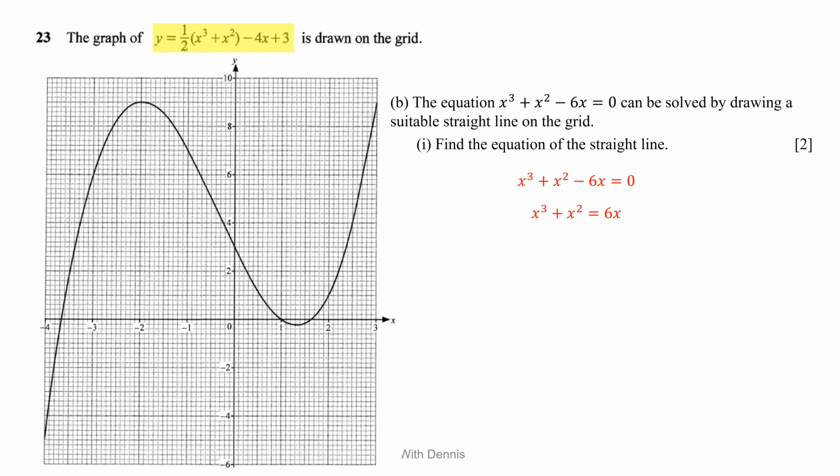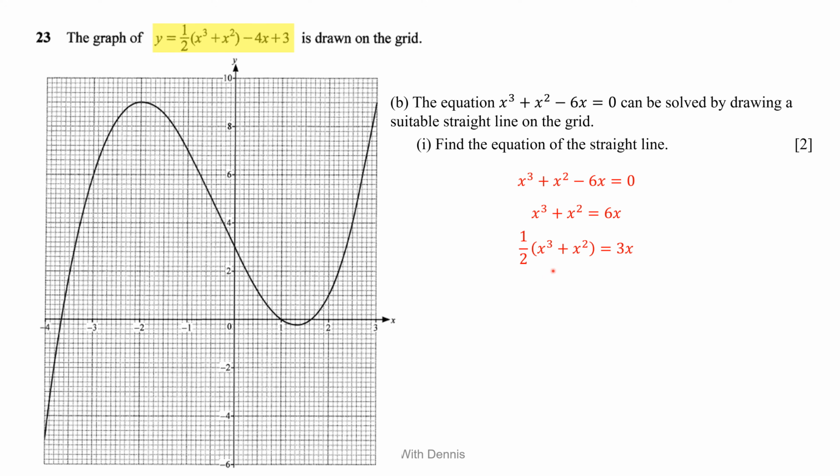Since in this equation there is a minus 6x, but we only have minus 4x, what we can do is move the 6x to the right side, so it becomes x cubed plus x squared equals 6x. After that, divide by 2 on both sides.